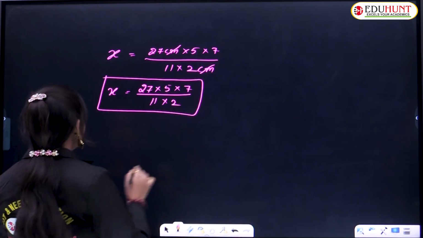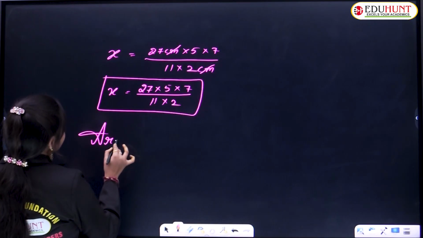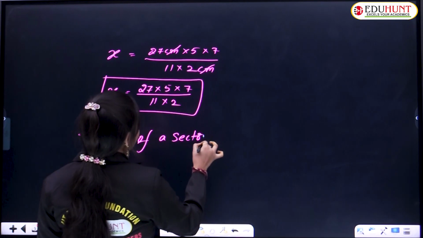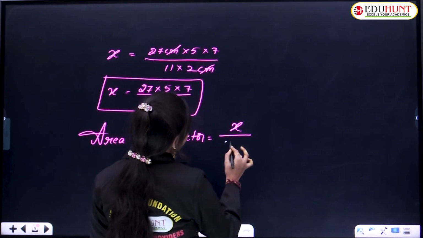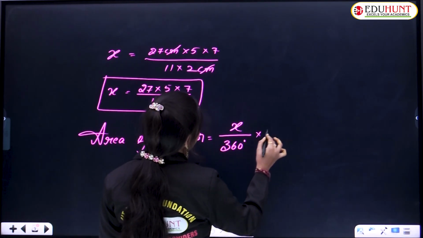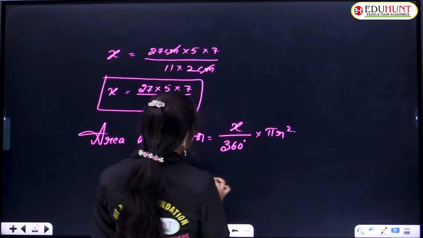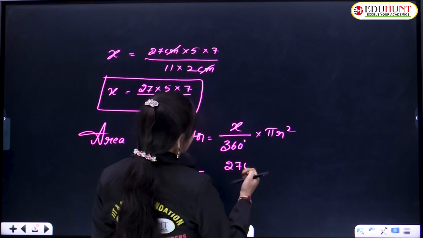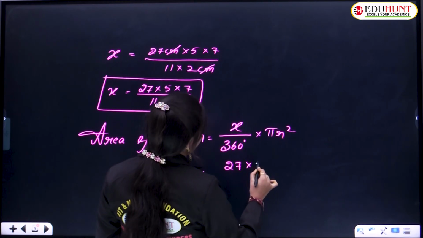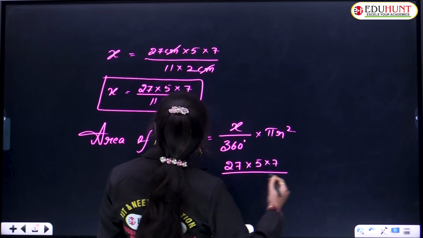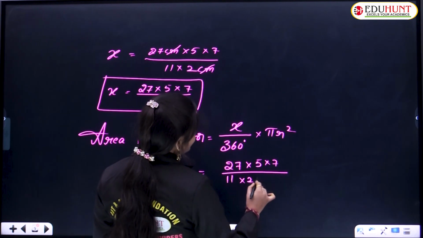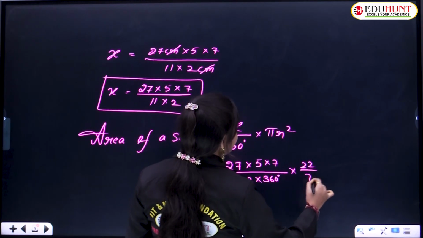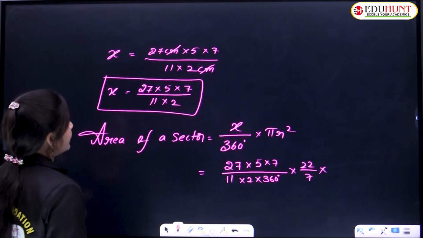Now area of a sector. Area of a sector formula, x by 360 degrees into pi r square, which is equal to, x is equal to how much we got here? 27 into 5 into 7 by 11 into 2 into 360 degrees into 22 by 7 into r is equal to, how much is given here?